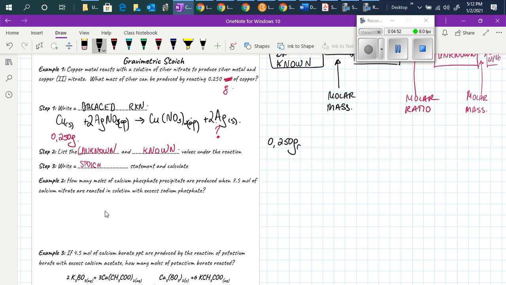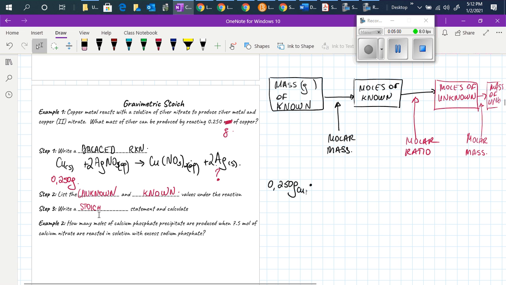So in this case, we'll start with what is given: 0.250 grams of copper times, so we are here, grams of known. Now we will move to moles of known. In order to do that, we use the molar mass of copper, which is in your data booklet: 63.55 grams per mole.